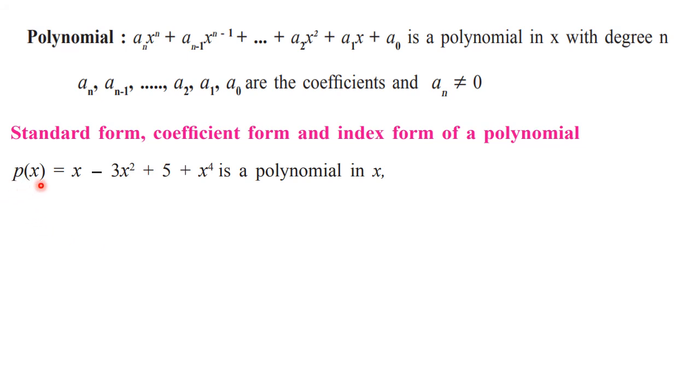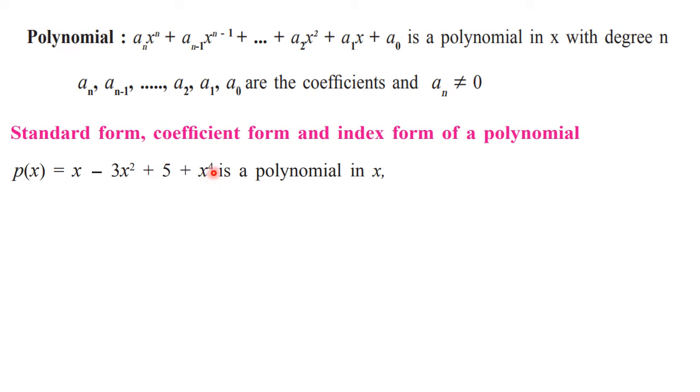Suppose p of x is equal to x minus 3x square plus 5 plus x raised to 4 is a polynomial in x. This is the polynomial given. Now, we will learn how to write the standard form of this. What is the meaning of standard form? In standard form, we have to arrange all these terms in descending order. That means the term with the highest index will come first.